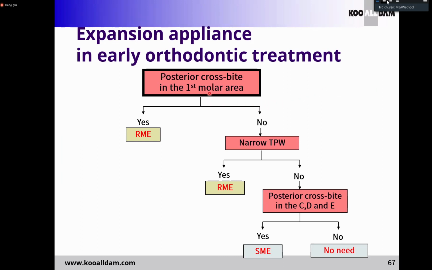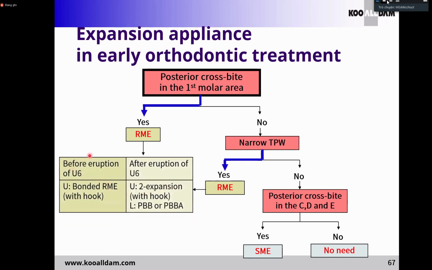If there is a posterior crossbite in the first molar area, this means the first molar is the terminal molar. At that time, we may use RME, or narrow TPW.